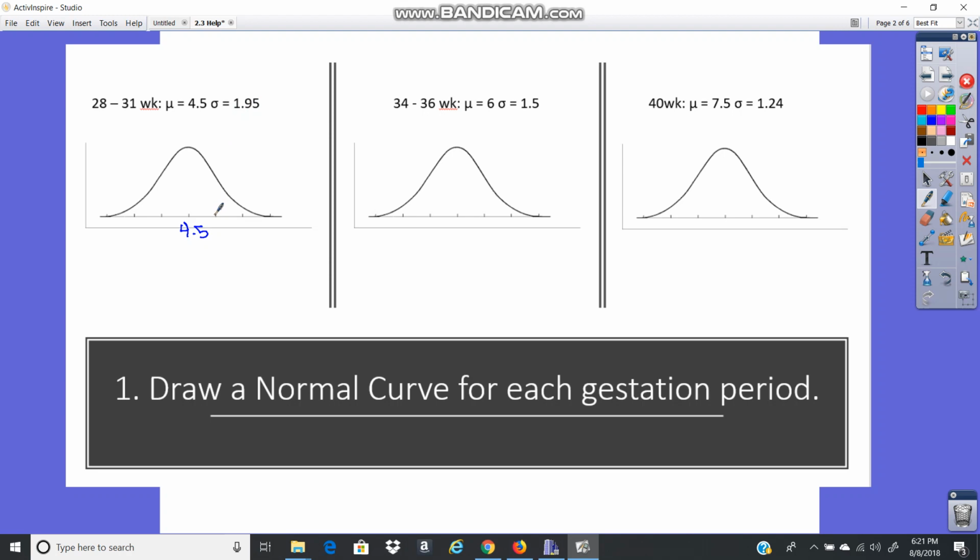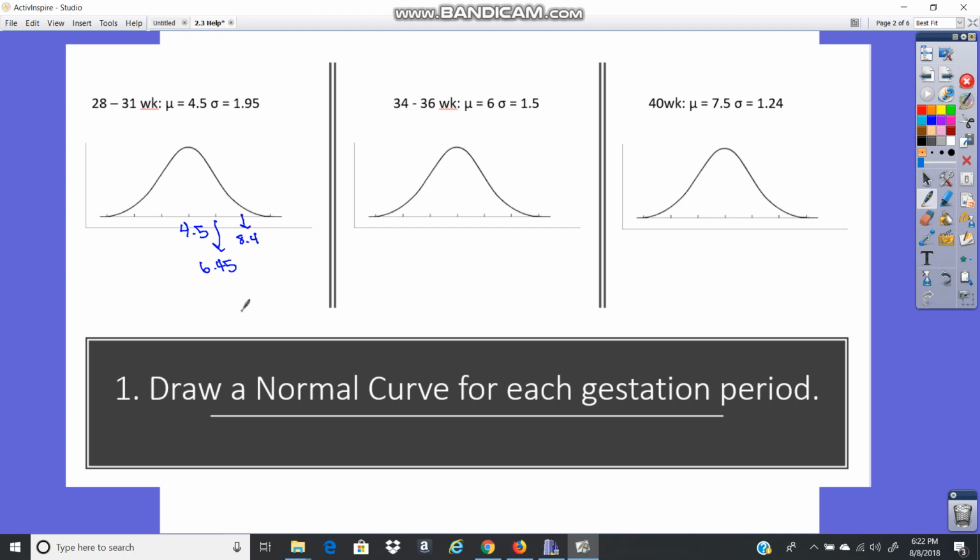To get this next mark, I'm going to do 4.5 plus 1.95, and that is going to give me 6.45. Then I'm going to add another 1.95 to get my two standard deviations, and this is going to give me 8.4.